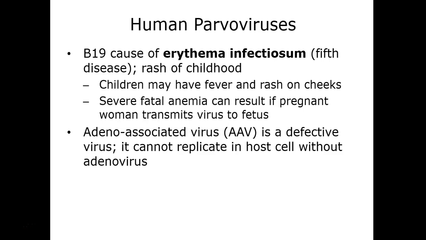So they're tied to this, and in the same group as the parvoviruses, there's also AAV, or adeno-associated virus, which is a defective virus, meaning it cannot replicate in a host cell unless the adenovirus is present. So there is a parvovirus known as AAV, which requires the adenovirus to be present in order for infection to occur.